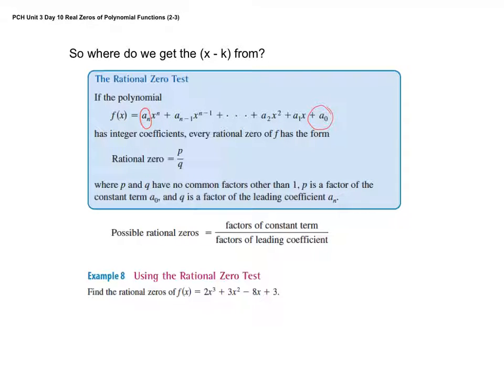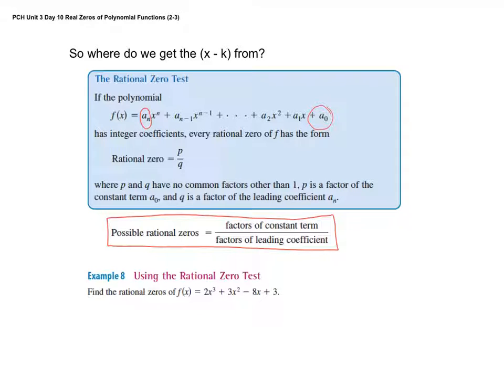Rational, remember, just means we can write it as a fraction with integers. So our possible zeros are going to be fractions made out of factors of the constant term over factors of the leading coefficient.